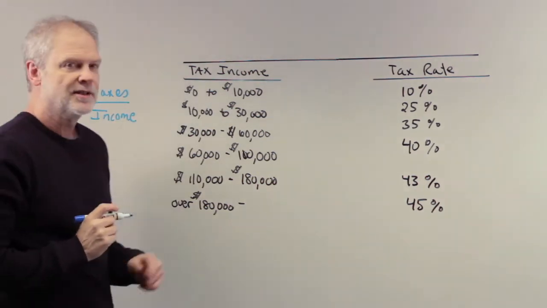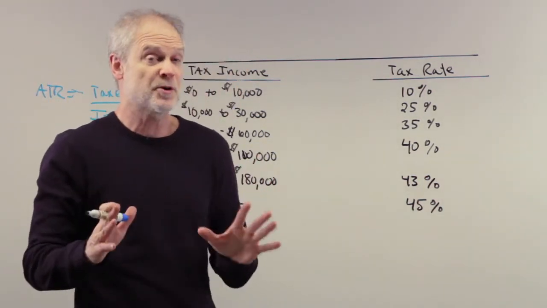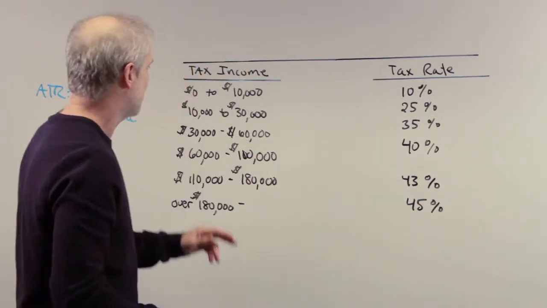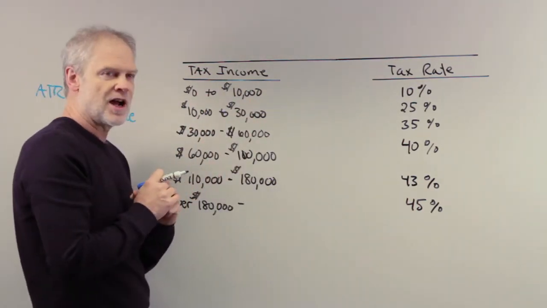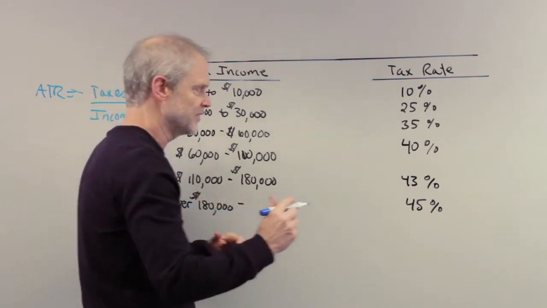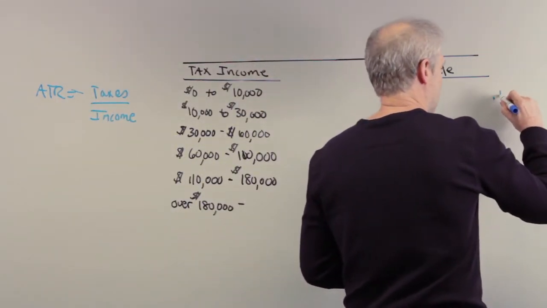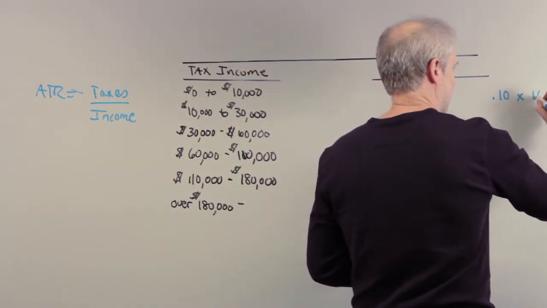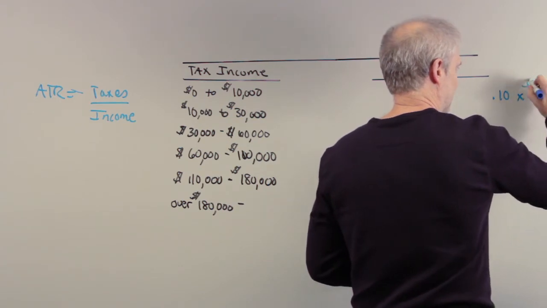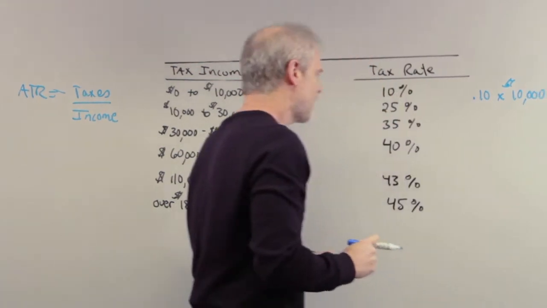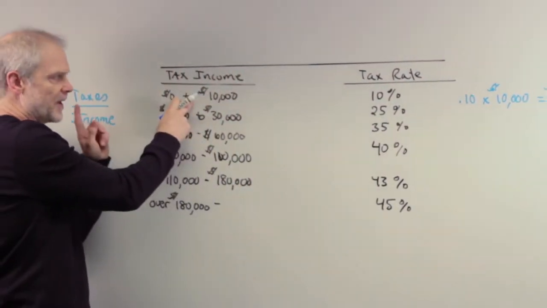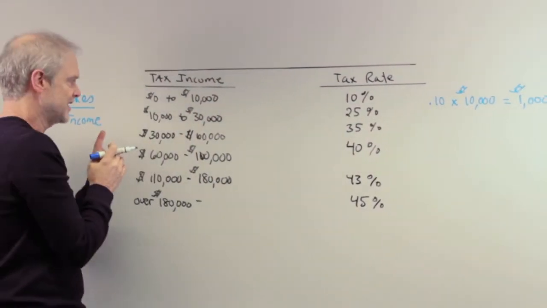So now let's go through it. We have to compute first what this person is going to pay in taxes. The person is making $49,000. On the first $10,000, the person gets taxed at 10%. So we have 0.10 times the first $10,000, and that's obviously $1,000. On the first $10,000 the person earns, they're going to pay 10%, or $1,000, in taxes.